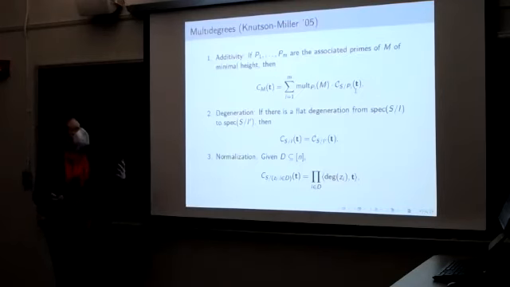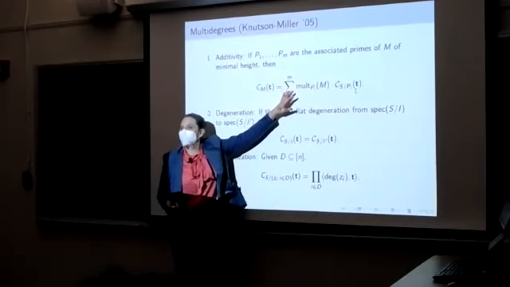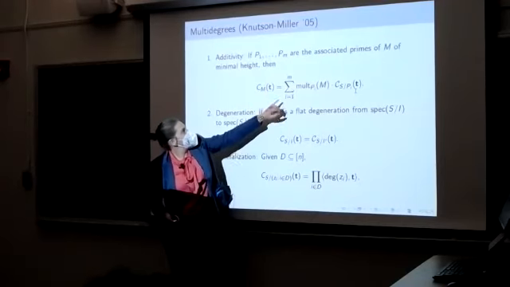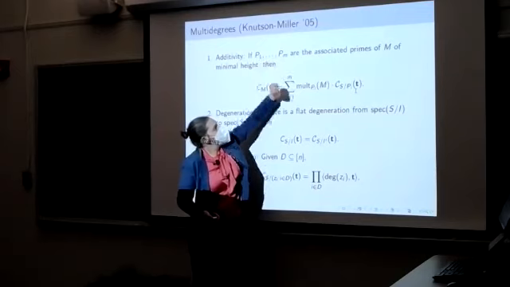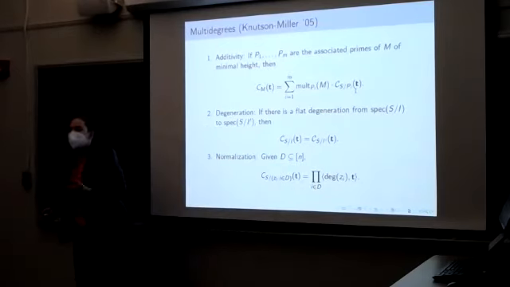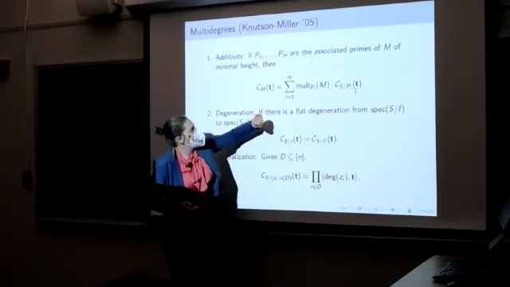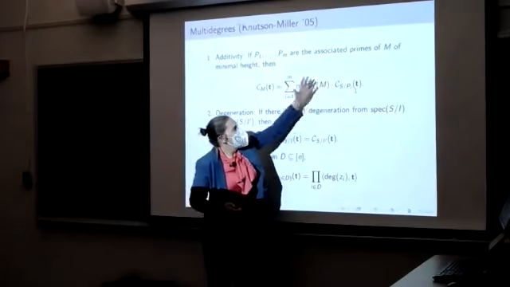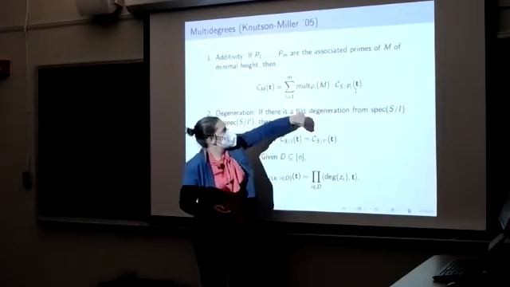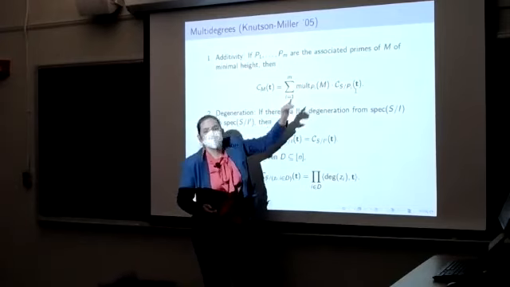Okay, so we want to understand these multi-degrees. Multi-degrees obey this great associativity formula. So this is telling us that if we take prime ideals that are associated to M, and if they're the right height, so we want to throw away the lines and just look at the planes, we can split the multi-degree over this integer, this multiplicity, which is the number of times that the prime ideal is associated.